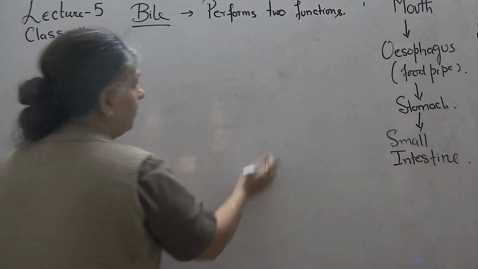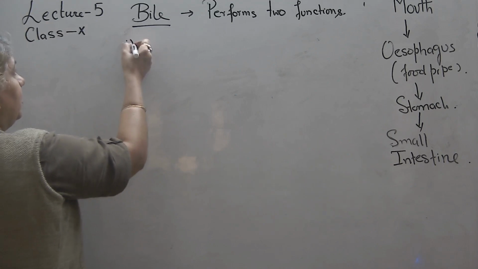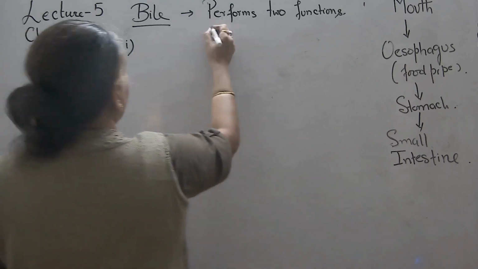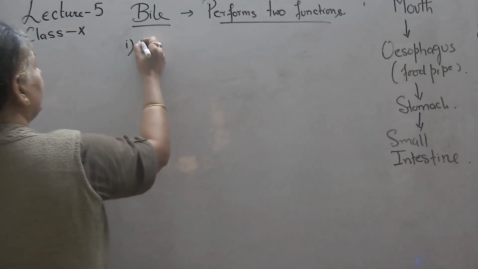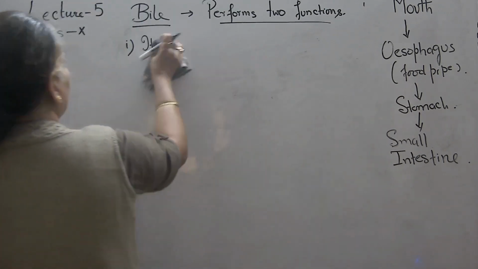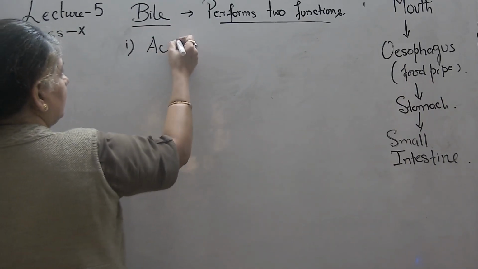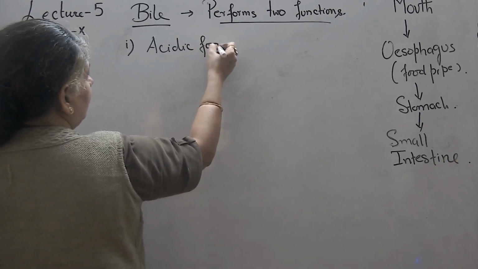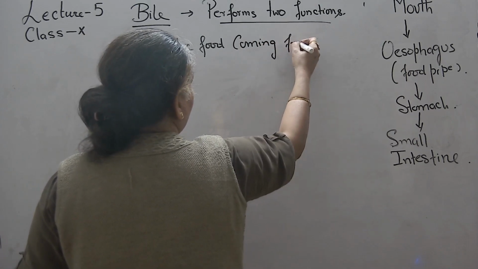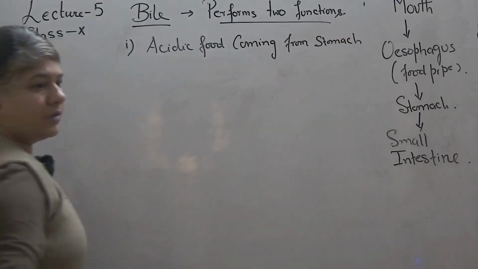See, the food that is coming from stomach is acidic in nature, which is made alkaline by the action of bile juice. The acidic food coming from stomach has a special name.